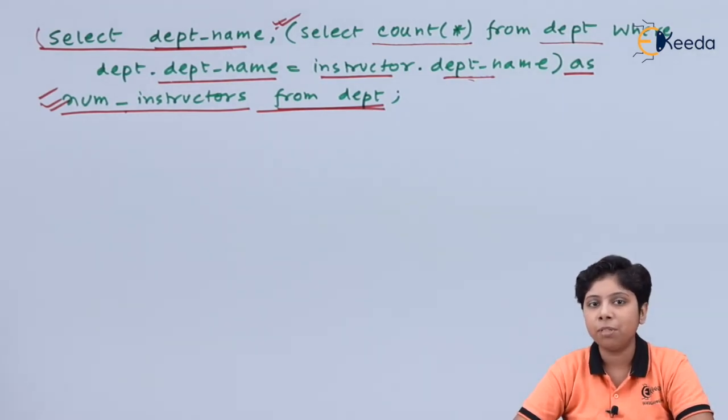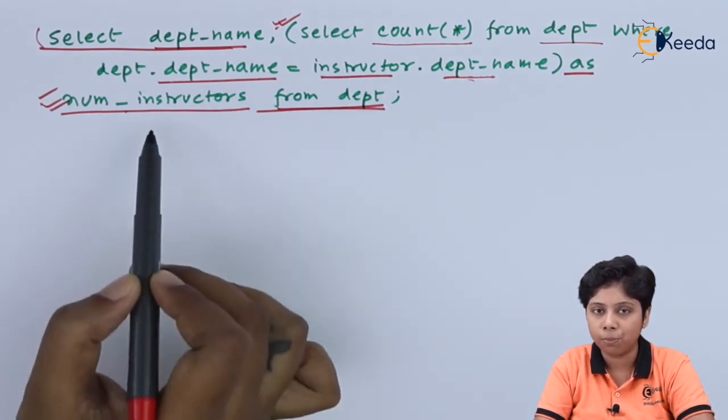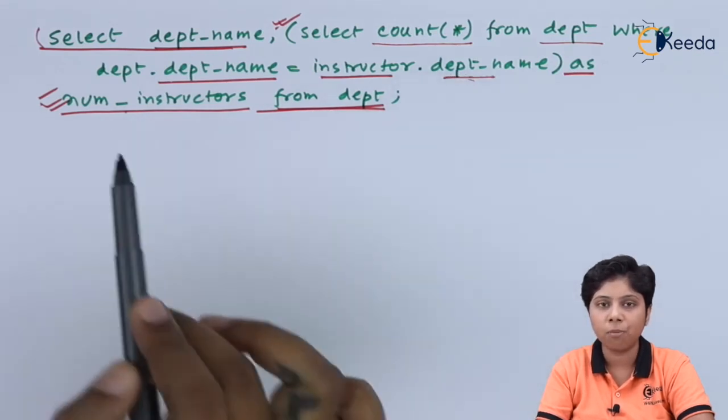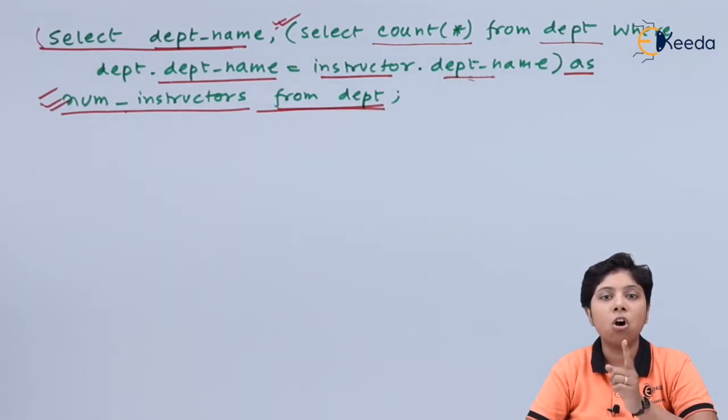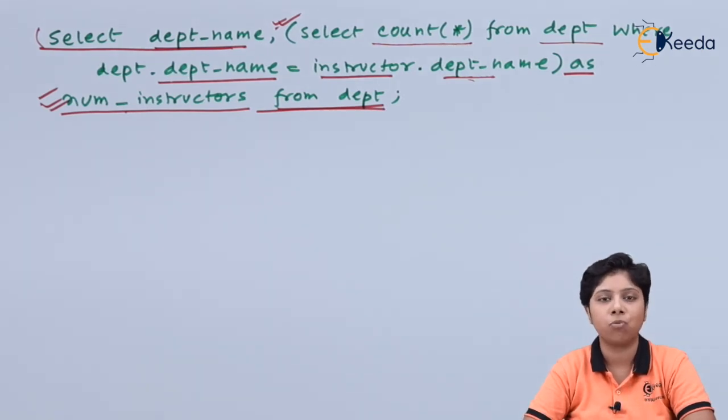But when I am using this, we must say that it must consist of the exact same number of attributes that I am selecting from here and naming it only as a single one. So a single select statement in a subquery inside a select statement has only a single value in that relation.